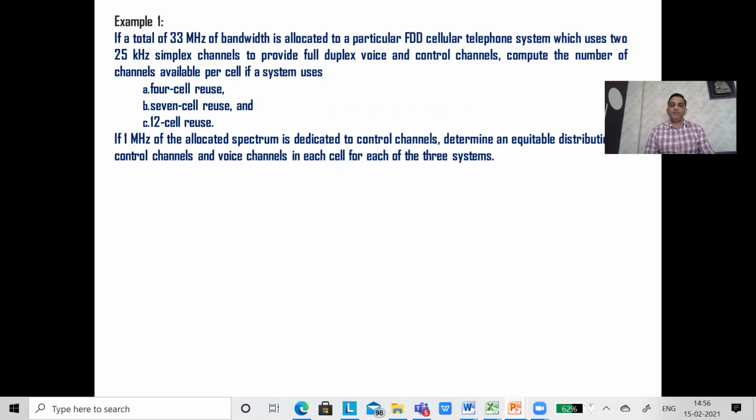If 1 megahertz of allocated spectrum is dedicated to control channels, determine equitable distribution of control channels and voice channels in each cell for each of the three systems. The three systems mentioned above are system A, system B, and system C. So let's have a look at the solution of this example.